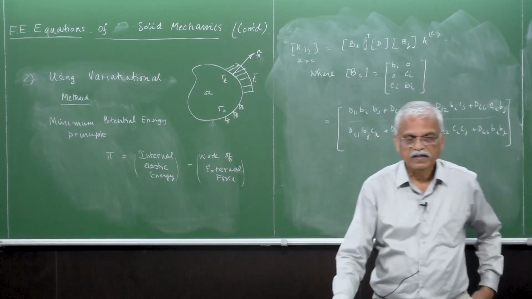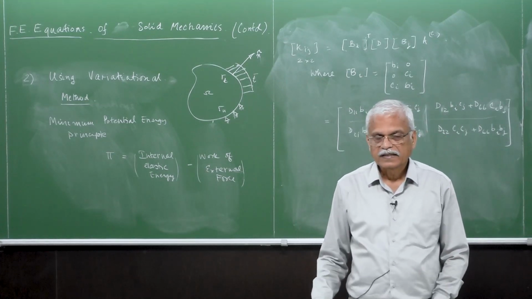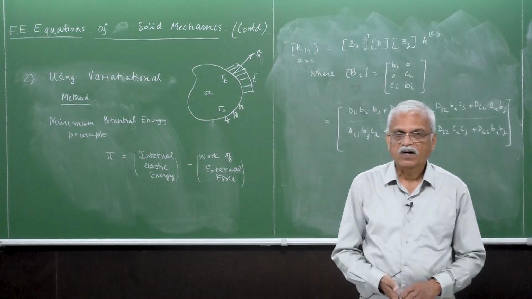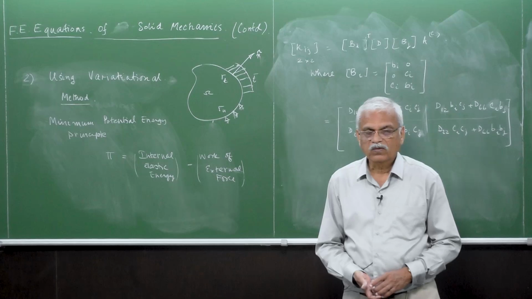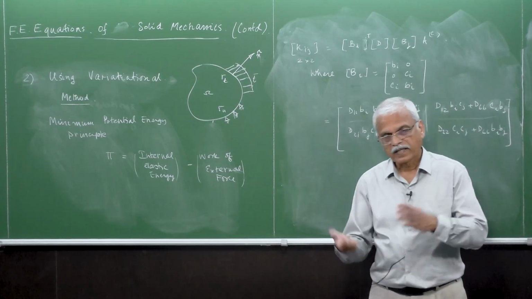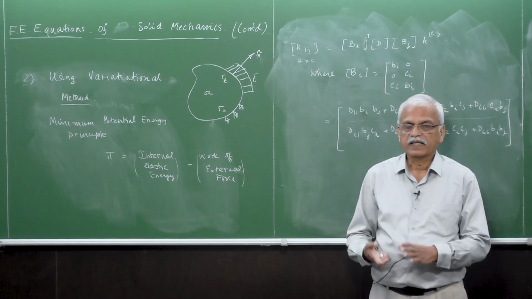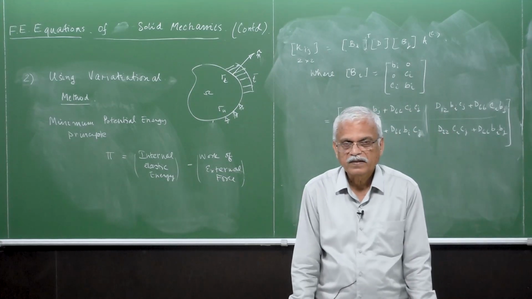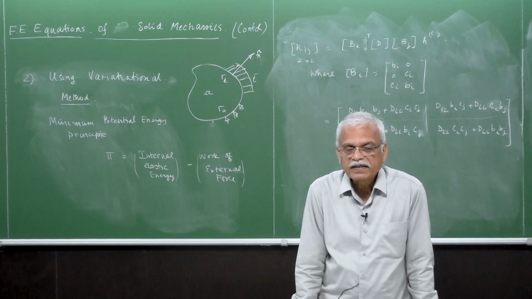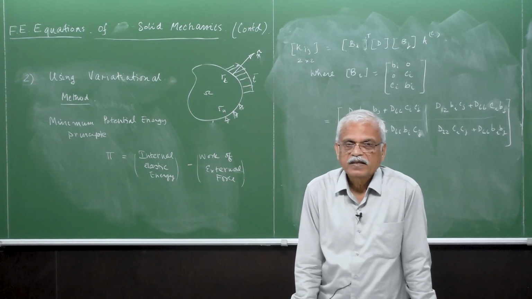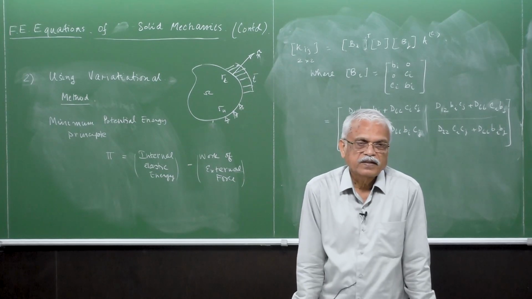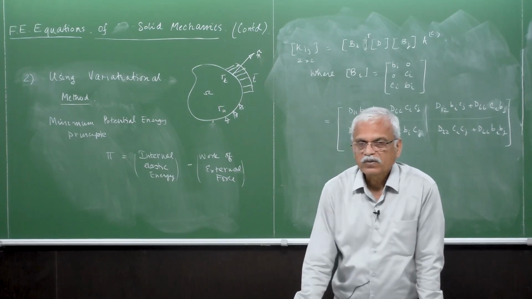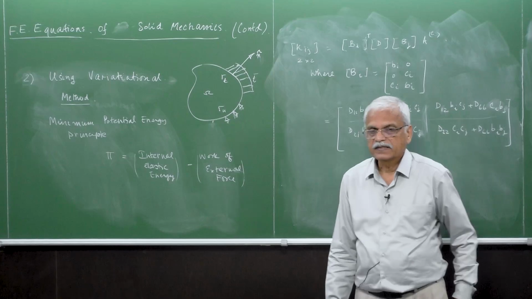So it is also going to satisfy the governing differential equation. Or, another kind of statement is that the solution of the governing equation in the form of a differential equation is the one which is going to minimize this potential energy. So you can state it in any manner, and both have their own advantages.